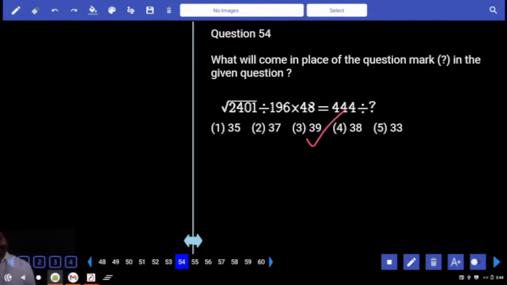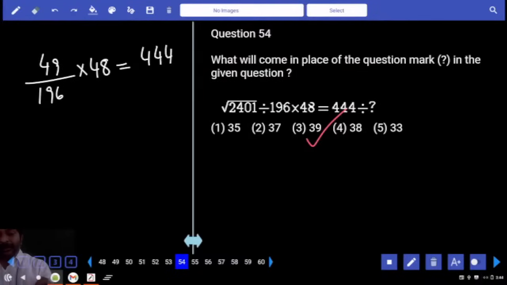ఇది ఆన్సర్. Under root of 2401, 40 divided by 196 into is equal to 444 by x. 1 less than 50. Yes, 4 times will be 4 less than 200.